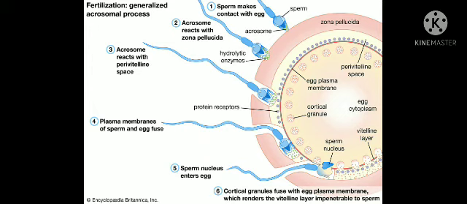Secondly, to increase the motility of the sperm, calcium influx occurs inside the sperm. Next is the flagellar movement of the sperm. It changes into a whiplash movement so that the movement becomes rapid.